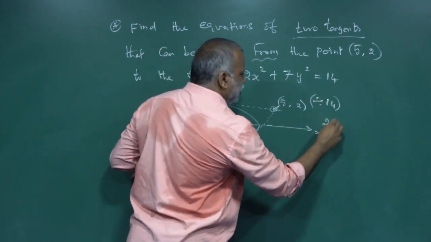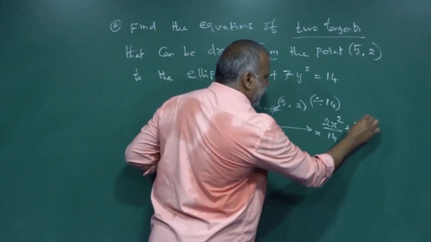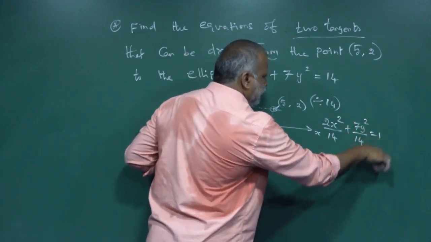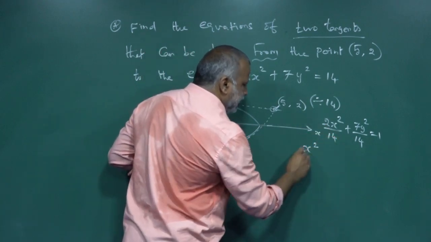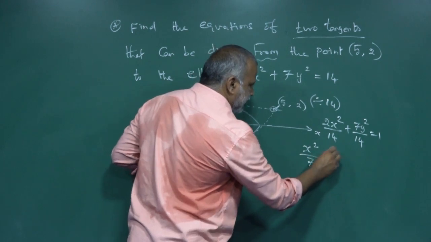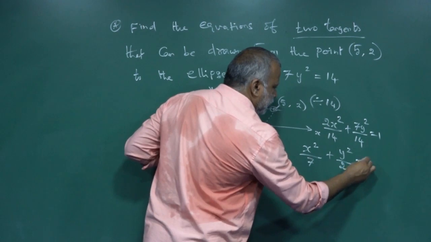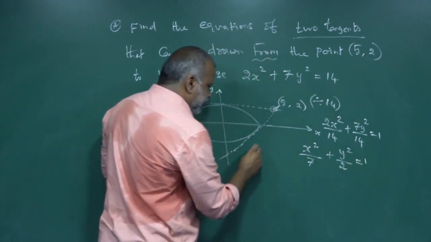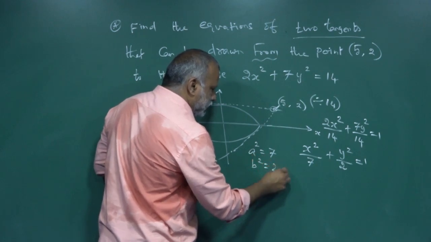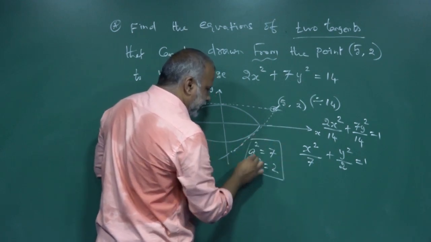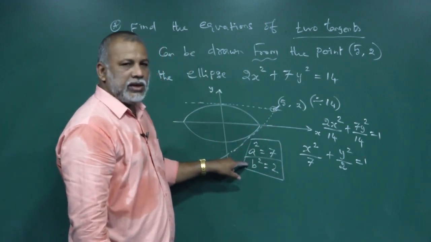Then it becomes 2x squared by 14 plus 7y squared by 14 equal to 14 by 14, that is 1. The 14 will be simplified, so we get x squared by 7 plus y squared by 2 equal to 1. From this, we get a squared equal to 7, b squared equal to 2. This is the first required condition.